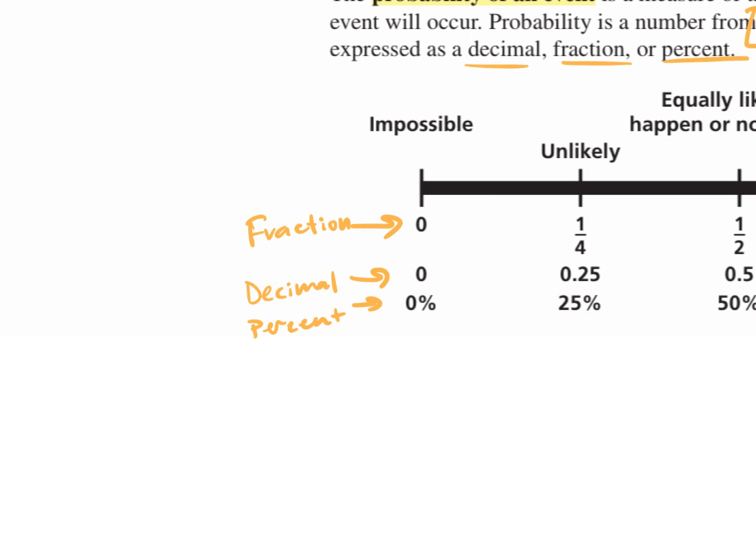Either way would be right unless it specifies on the homework. So if it says, as a fraction, what's the probability? It might specify, but it probably won't. So you could leave your answer any way. 1/4 is the same thing as 0.25, which is the same thing as 25%. All of these would be the correct answer, bless you. But just make sure if you leave it as a fraction, it has to be simplified.